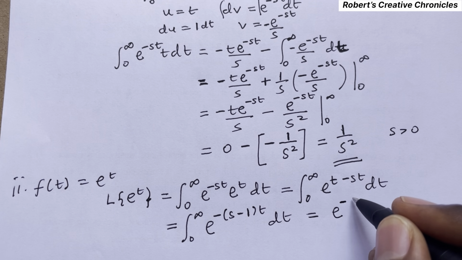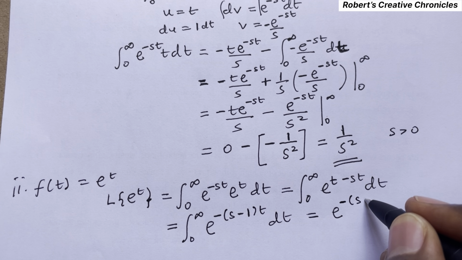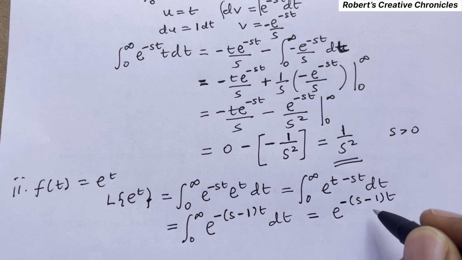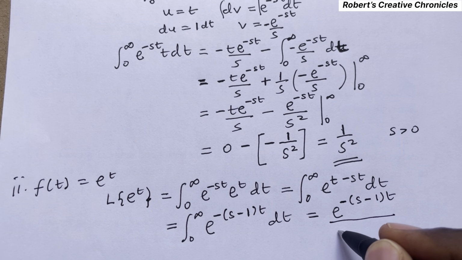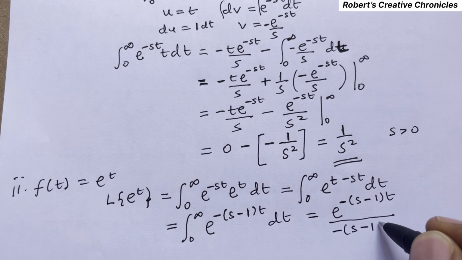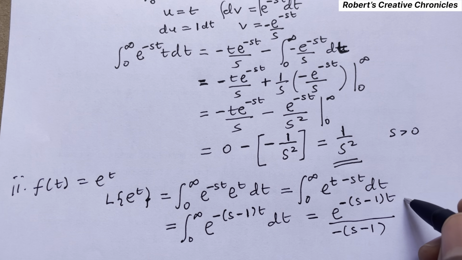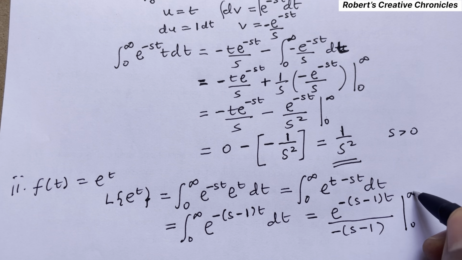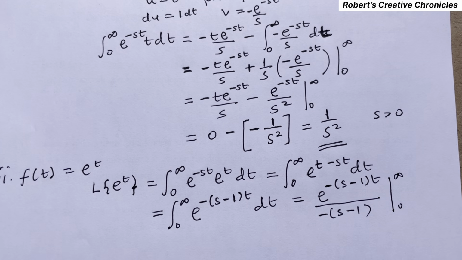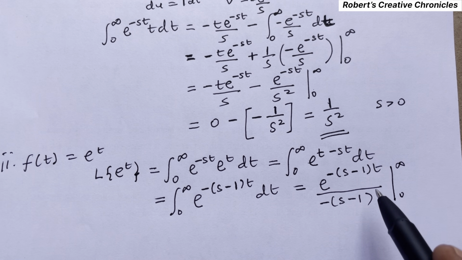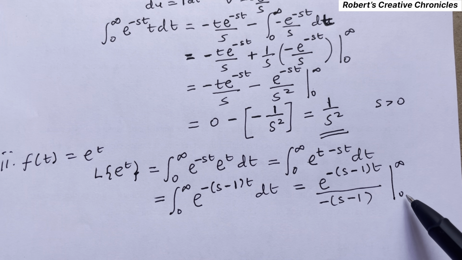Exponential minus (s minus 1) t over minus (s minus 1), from 0 to infinity.